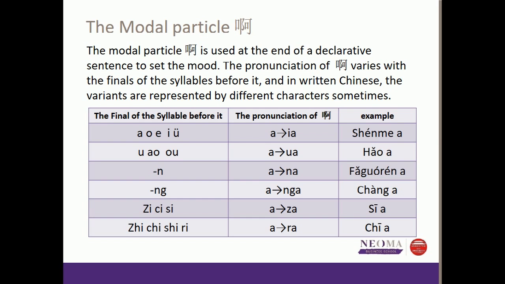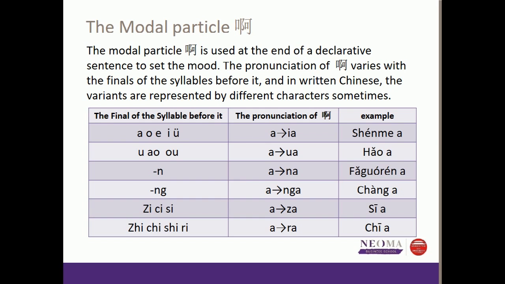For example, 法国人呐, 法国人呐. So you will change the pronunciation. And continue for ng, this changes to nga. It's difficult to pronounce, but let me show you in the example. 唱啊, 唱啊, 唱啊. So it naturally slides to that one.